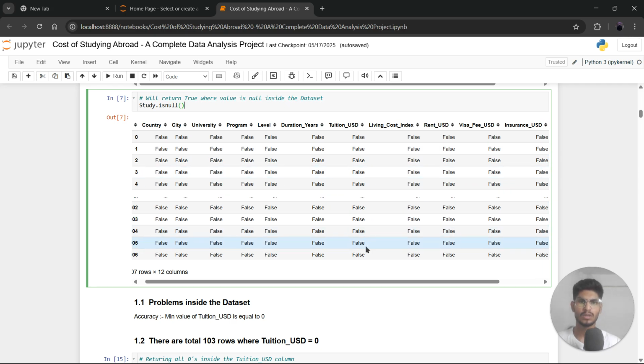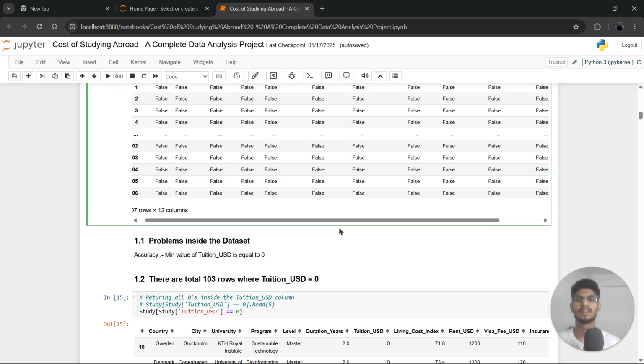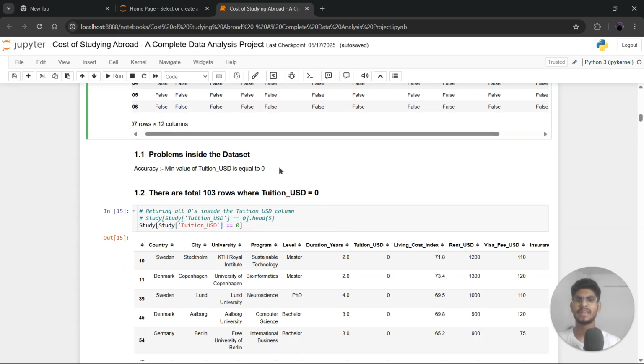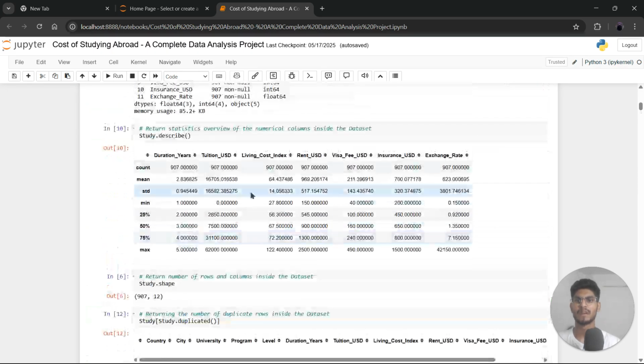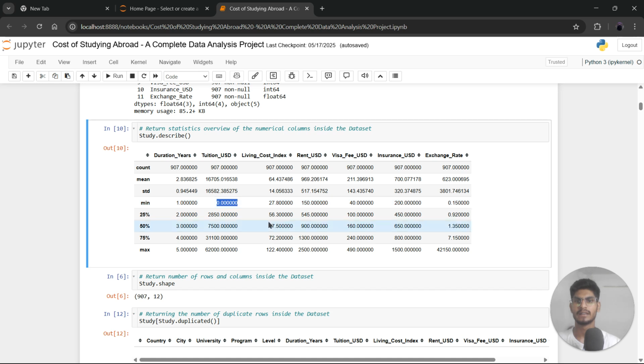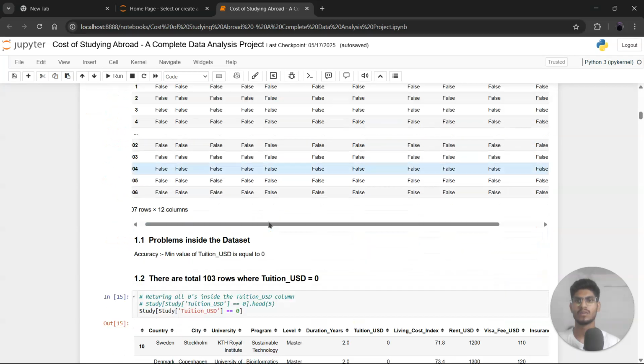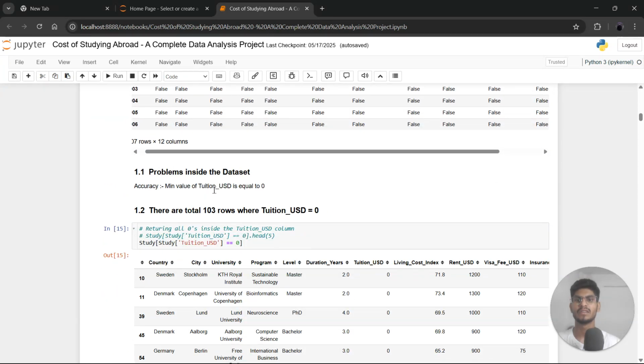If there had been any null value by chance, it would have shown True. And we have written down the problem we identified here, that we have zeros in our column and the minimum value of tuition USD is equal to 0.